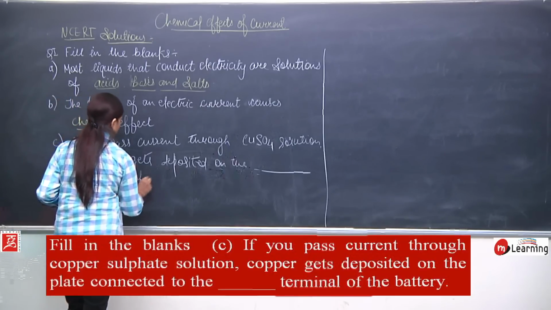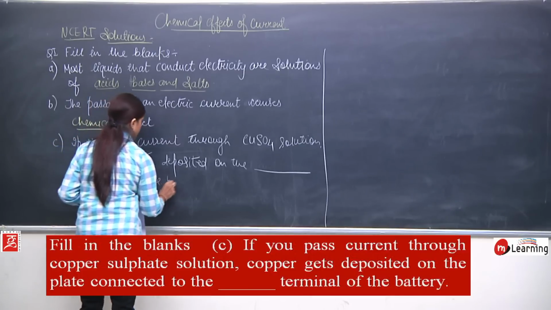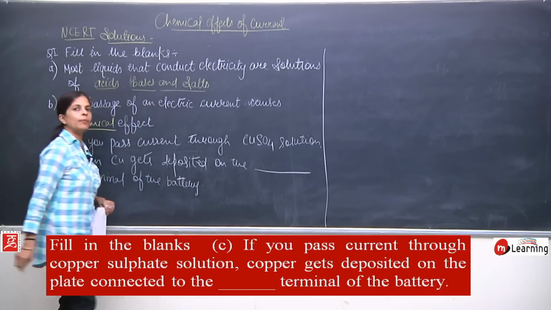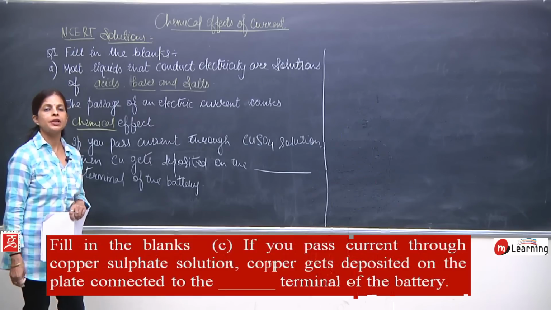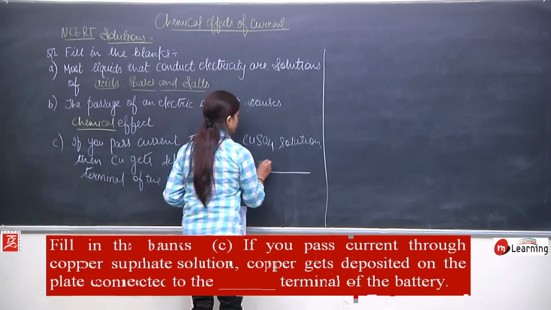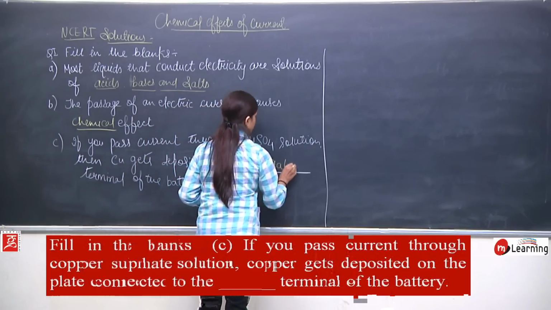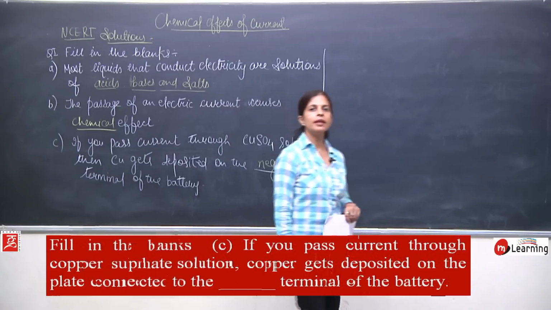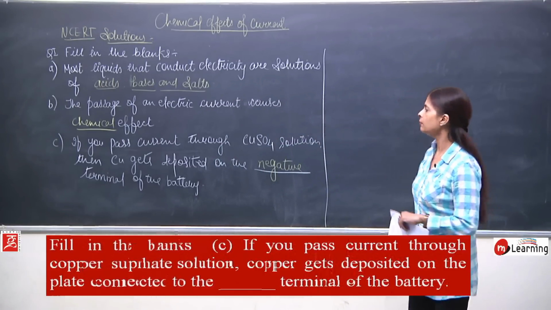And just now, as I said, copper is positively charged, and so definitely it is going to get deposited on the negative terminal of the battery. So it will get deposited on the negative terminal of the battery.